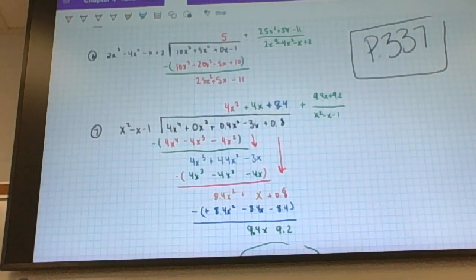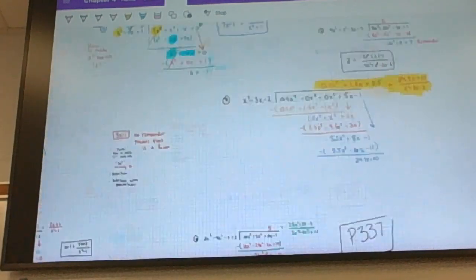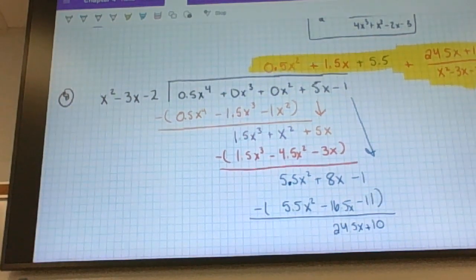Of the x minus 4. X minus 4. Shortcut for dividing polynomials by binomials.